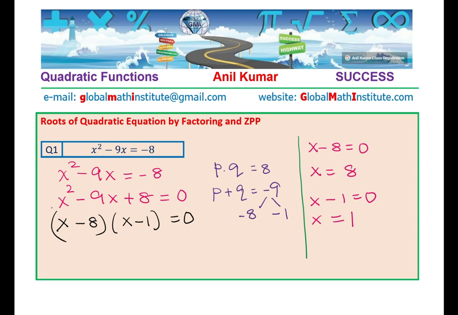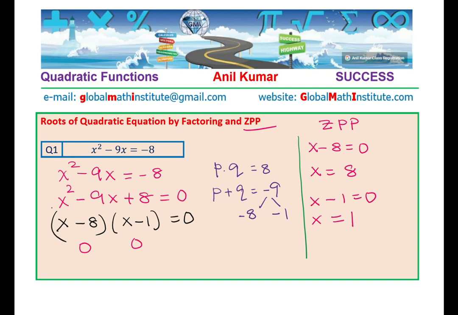This is called the ZPP, in short, the zero product principle. Mainly because, when you multiply two numbers to get a 0, one of them must be zero. Anything multiplied by 0 will give you 0. I hope it makes sense.